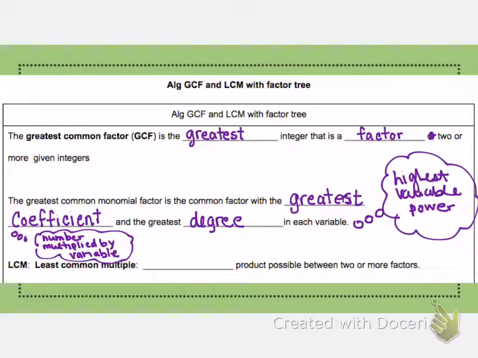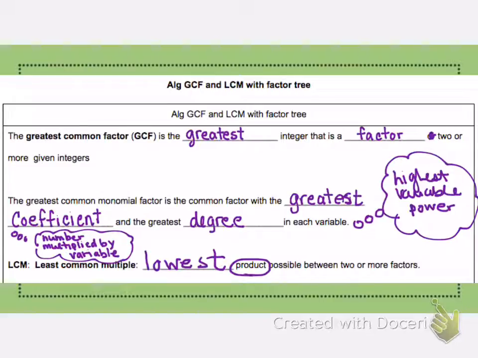And LCM, least common multiple, you have the lowest product possible, or the least product. So that is going to be those multiplied together between two or more factors. So for greatest common factor, you're looking at the matching building blocks, and for least common multiple, you're looking for the lowest product that you multiply to. And hopefully we'll compare and contrast those as we go through.